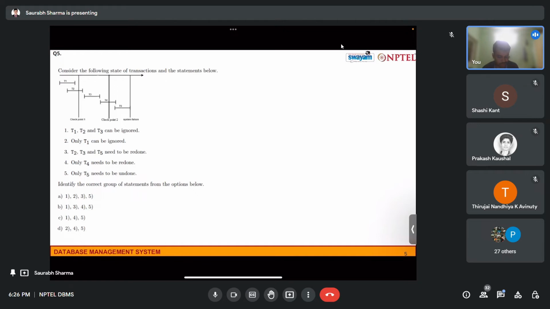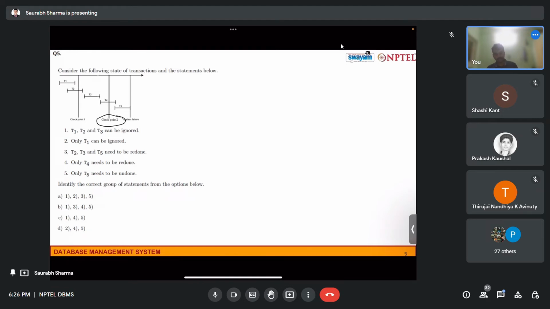We have to consider the last checkpoint. Those transactions which were done before the last checkpoint, we do not need. The transactions which were completed after this checkpoint go to the redo list and the rest to the undo list. So now comment on it.